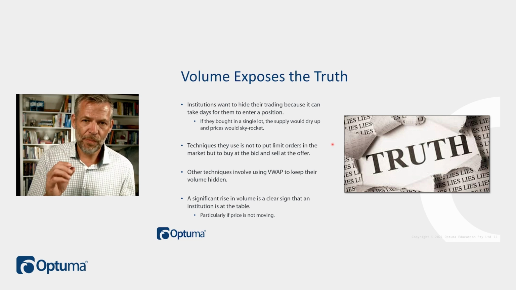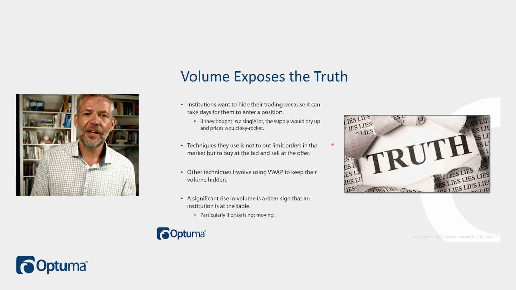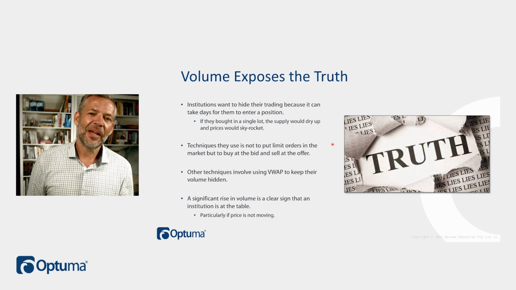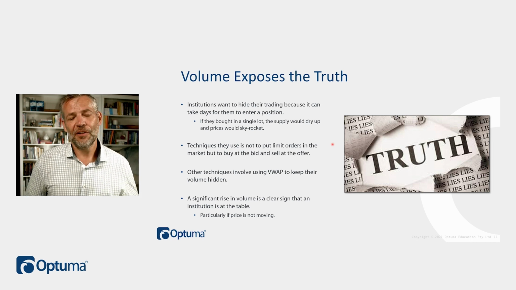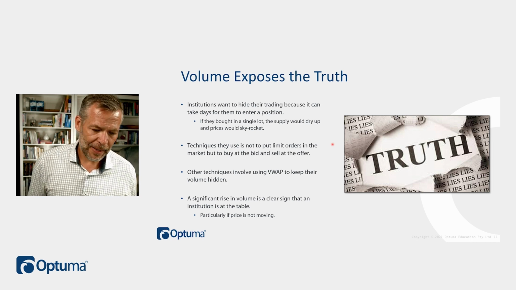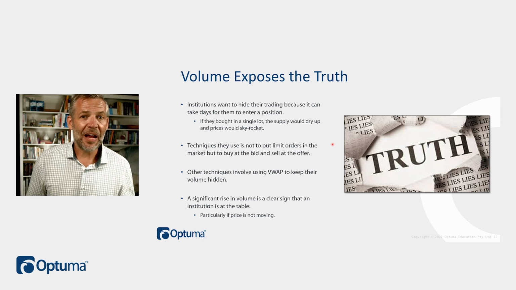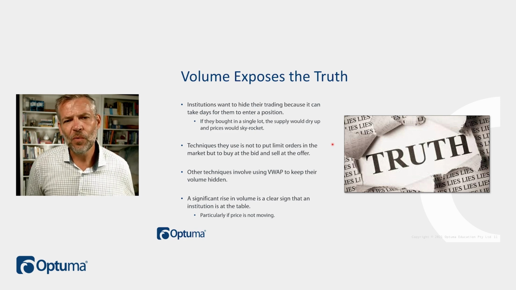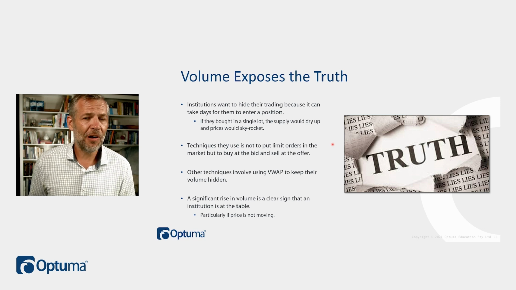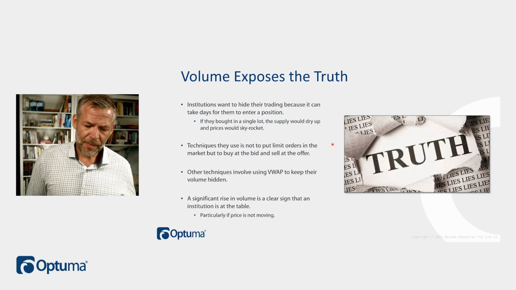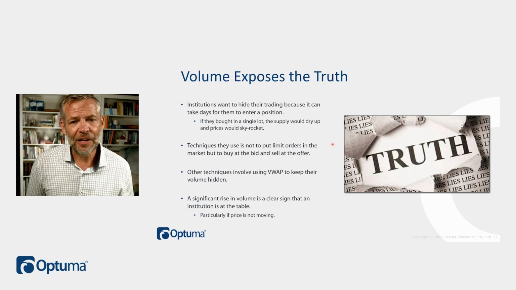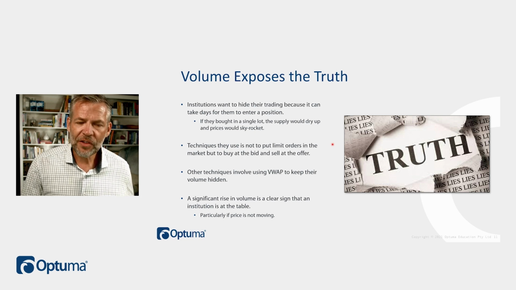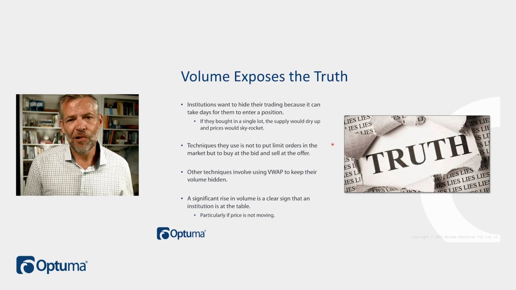Rather, they will buy at market. They'll look at the bids and the asks that are there, and they will just buy up at the ask, depending on whether it's within the range that they're willing to pay. And then they'll also use things like VWAP, which is the volume weighted average price. We talk a bit more about that, but it's looking at the intraday value and asking, where is the weighted average price?